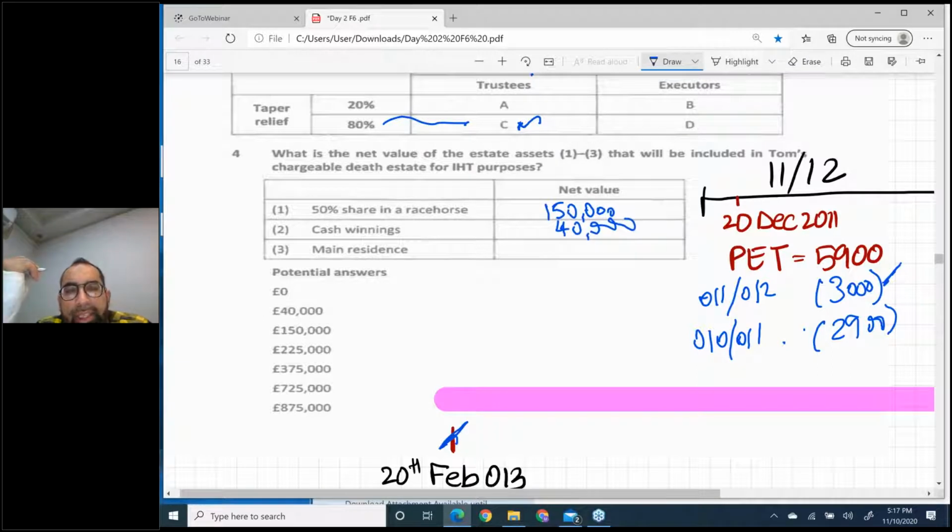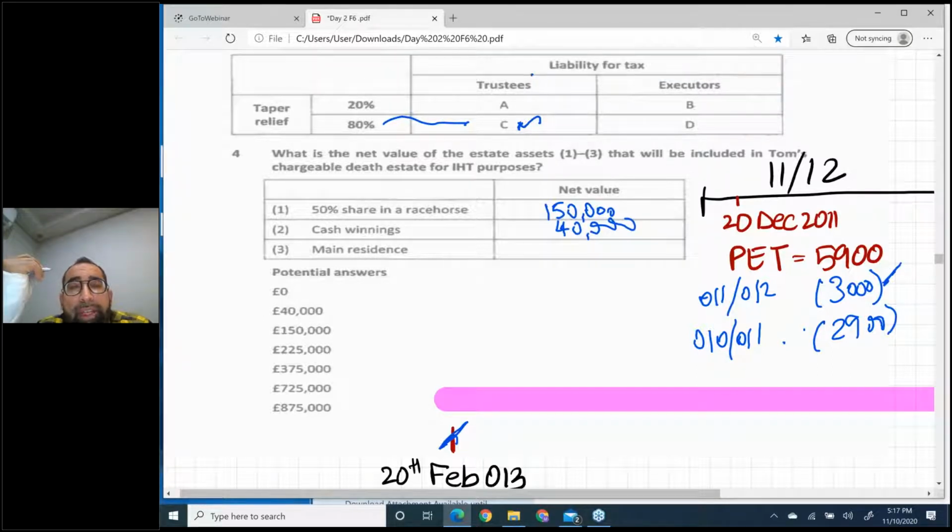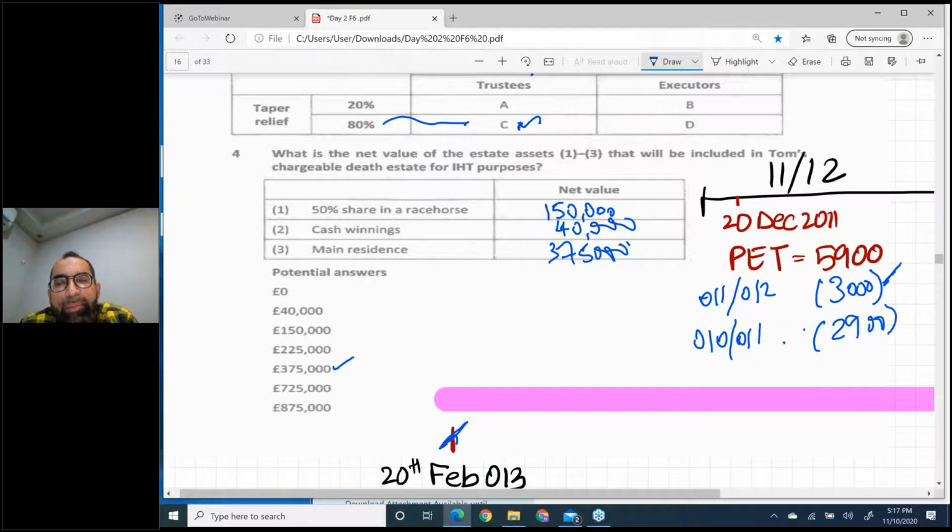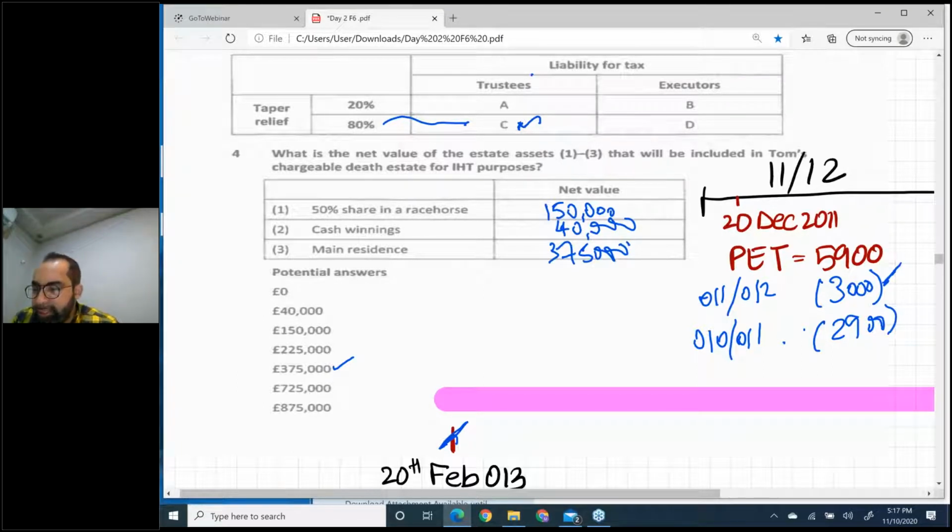And now tell me the main residence. There was some mortgage as well. So 875,000 less 500,000 makes 375,000. Okay, done.